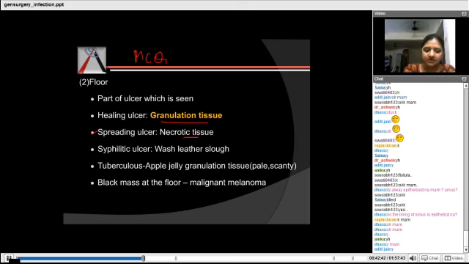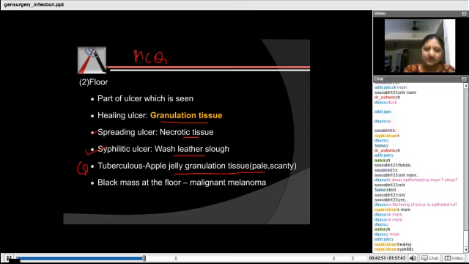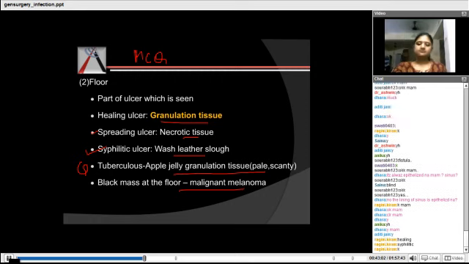If you see necrotic tissue, it is a spreading type. A washed leather slough is seen in a syphilitic ulcer. Apple jelly granulation tissue is seen in the tuberculous type. In fact, all of these have come as MCQs. And if you see a black mass on the floor, it could be a malignant melanoma. Okay? Clear?